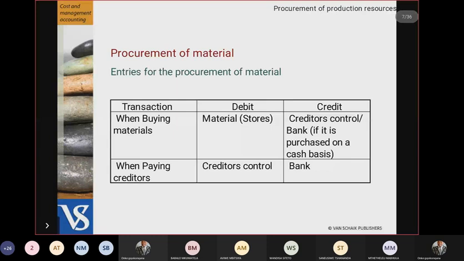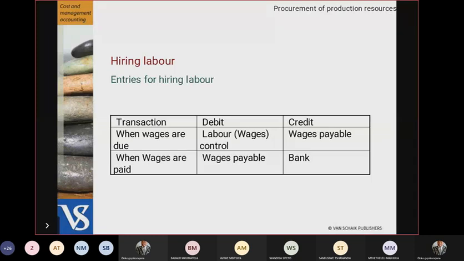And these are the procedures: when you do the procurement, purchasing of your material, you know what to debit and what to credit. And when you pay your creditors, you know the double entry that you have to do. Looking at your labor, when wages are due, you debit your labor control account and credit your wages payable.